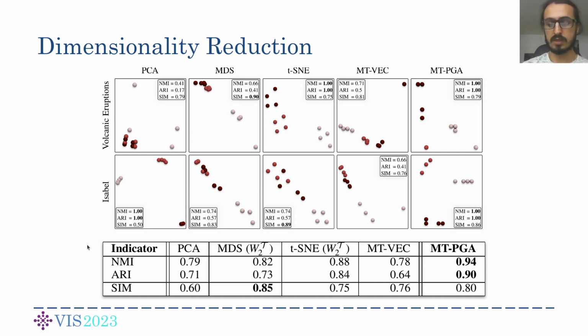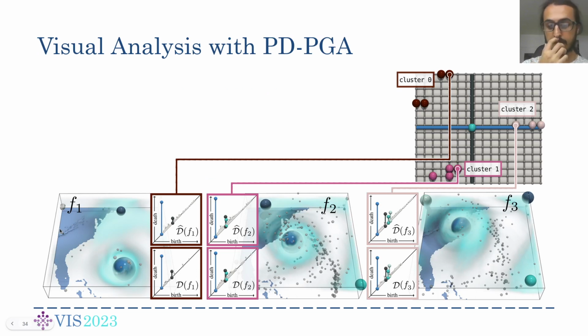Roughly what we need to remember here is that the MTPJ, our method, can be seen as a trade-off between MDS and t-SNE.